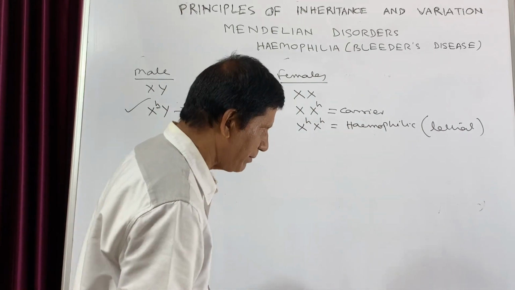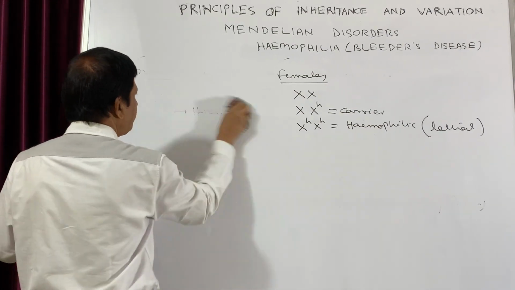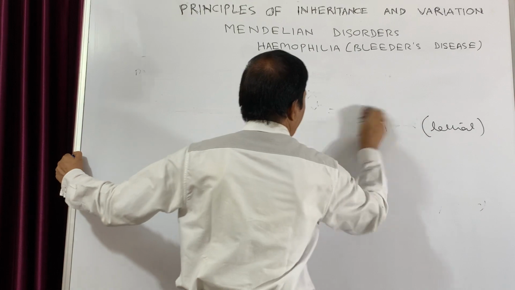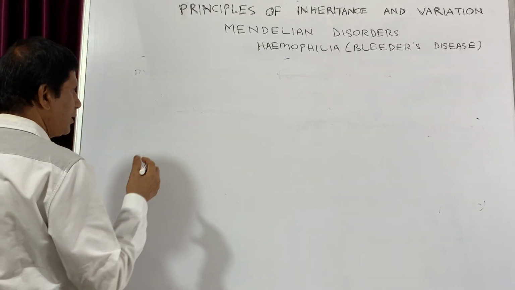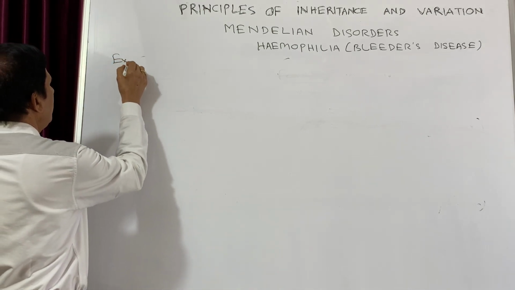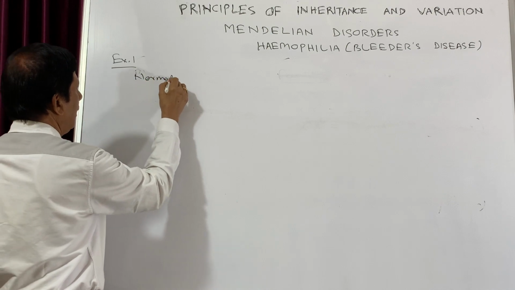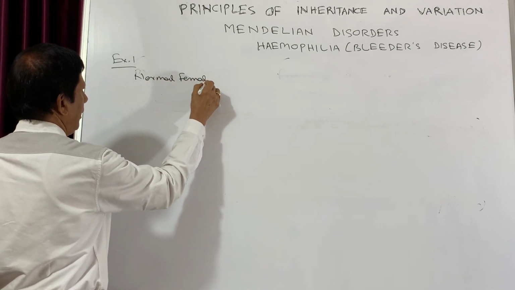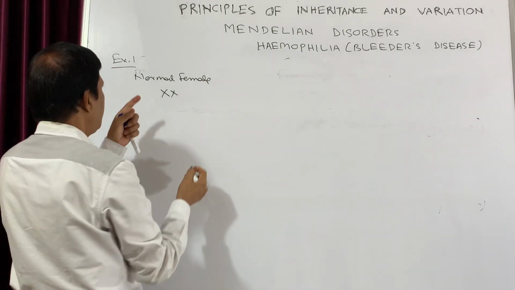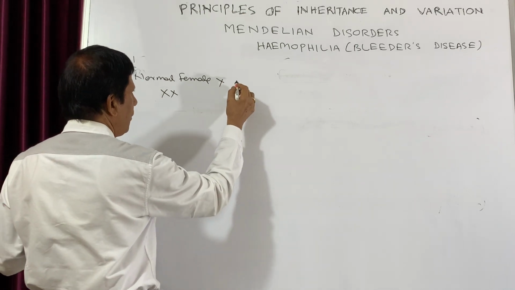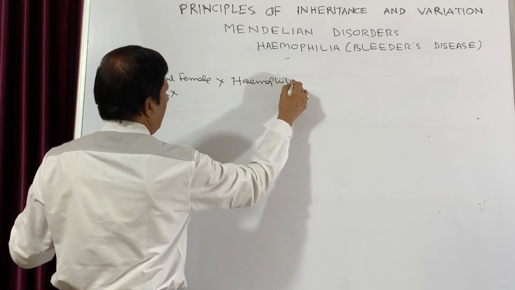Now let us give some examples so that our understanding will be better. Let us take the first example, where a normal female, meaning double X, marries a hemophilic husband.